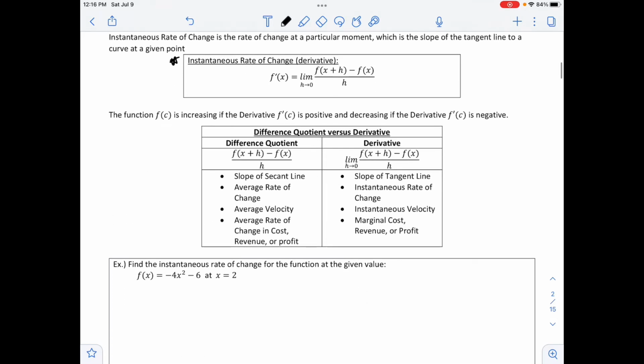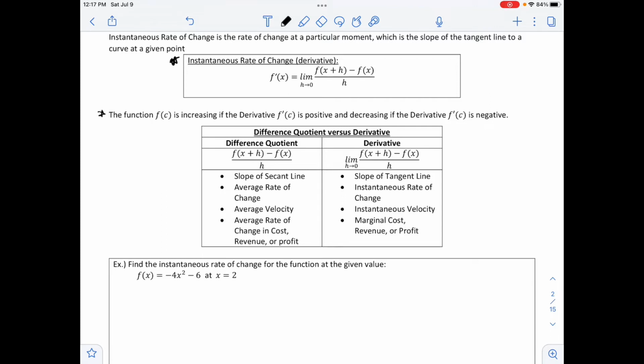Below this, it says the function f is increasing if the derivative is positive and decreasing if the derivative is negative. This is important to know. Positive slope means a positive derivative, and negative slope means a negative derivative.